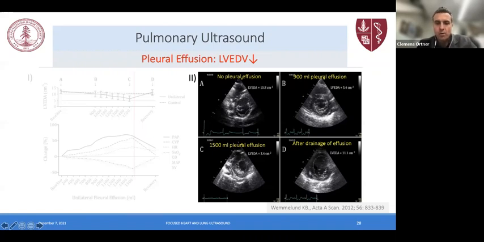And when they drain the pleural effusion, you see again that the left ventricular filling is very much improving. So if you have a patient in the OR with significant pleural effusions, draining the effusion can have a very improving effect on the left ventricular filling and on the patient's cardiac hemodynamics.